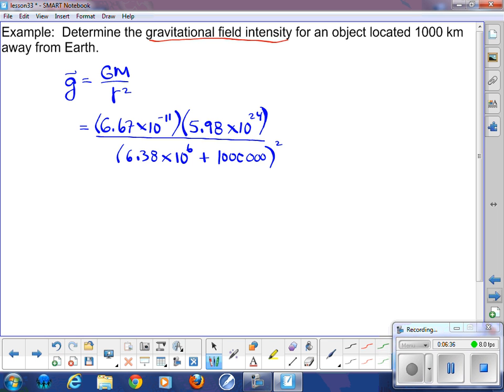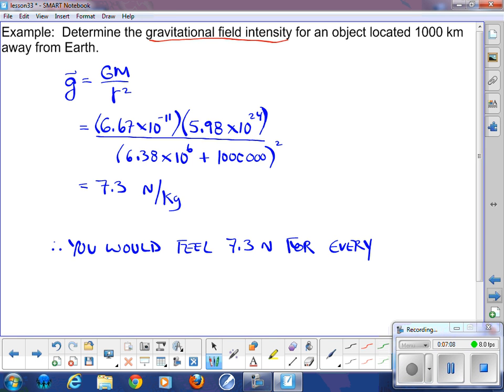And it's squared. Make sure you can use your calculator with scientific notation, and this will come out to be 7.3 newtons per kilogram. So if you were at 1,000 kilometers above the Earth's surface, you would feel 7.3 newtons for every kilogram of mass.